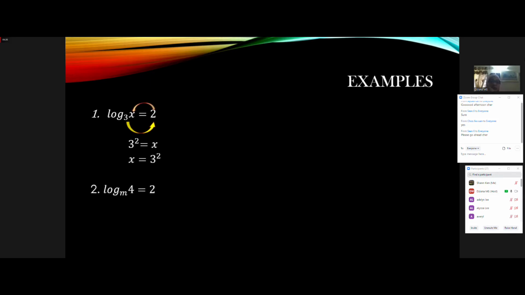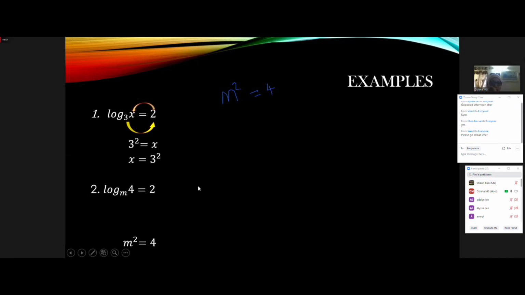All right, this one. Can someone convert that into index form? Just scribble on the screen or you can answer on the chat. Log base m of 4 equals to 2. Convert that into index form. M squared equals to 4.